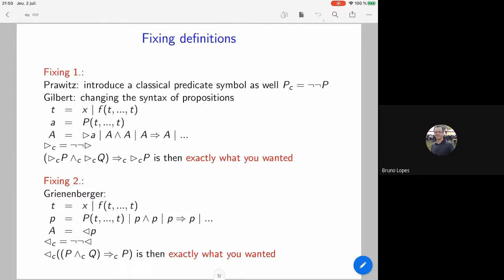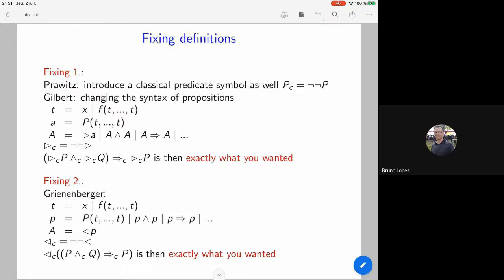It's the third line of the definition, A here. And a proposition is either an atom or a conjunction or an implication or a disjunction and so on. But the embedding of atoms into propositions is explicit. So you have this symbol, the triangle, which is called the Gilbert operator, which embeds an atom as a proposition.